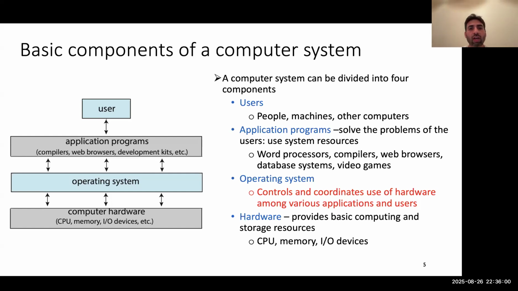So this is a very high level conceptual visualization of a typical computing system, where we have four different components: users on the one side, computer hardware on the other side, and in between we have application programs and operating systems.